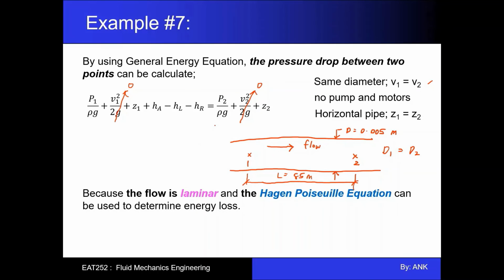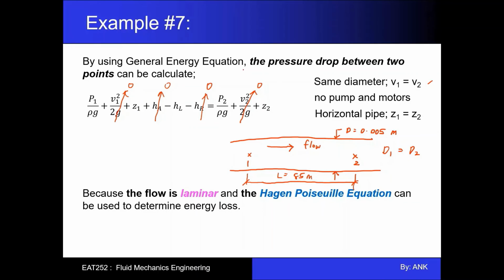Okay, next, if we refer to the question or this pipe, there is no pump and also no motor installed in this pipe, so there is no energy added. So we can cancel this HA. And also there is no energy removed, so HR is equal to 0.